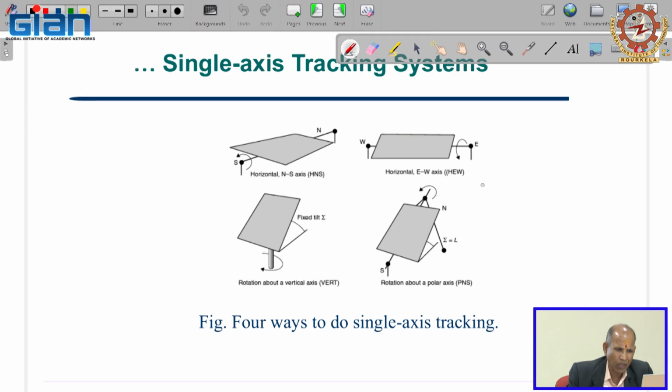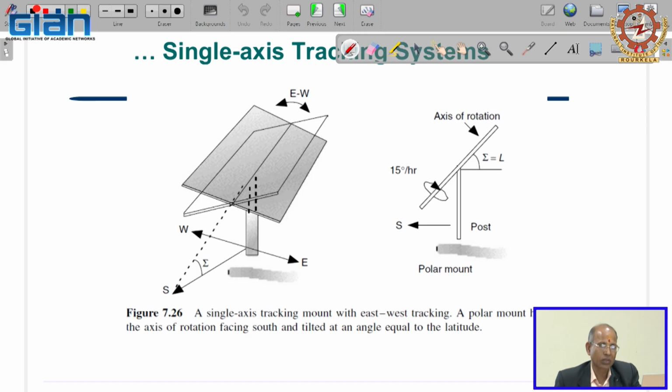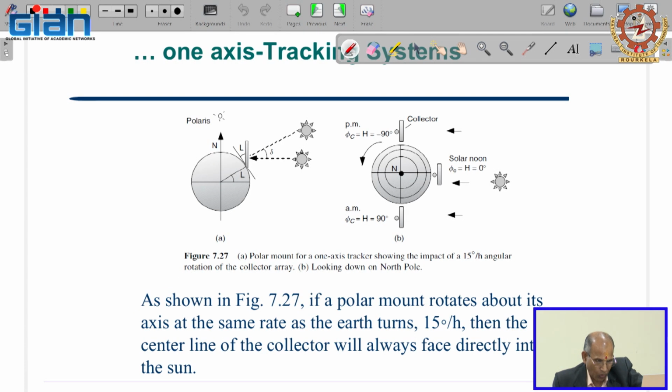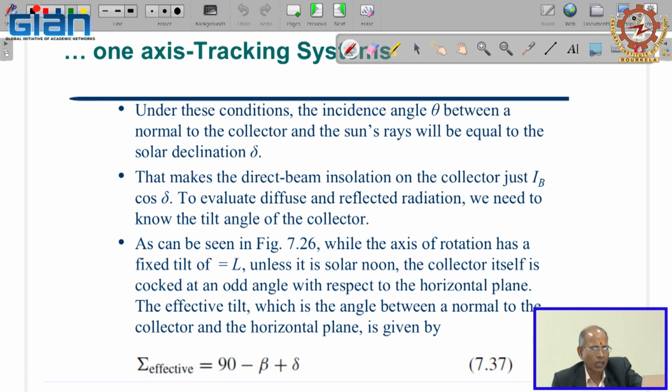You can have horizontal east to west, or you can have rotation about the vertical axis, or you can have rotation about the polar axis. So for single axis, you can have these different tracking systems, and then accordingly you do some calculations to get how much insolation you can get.